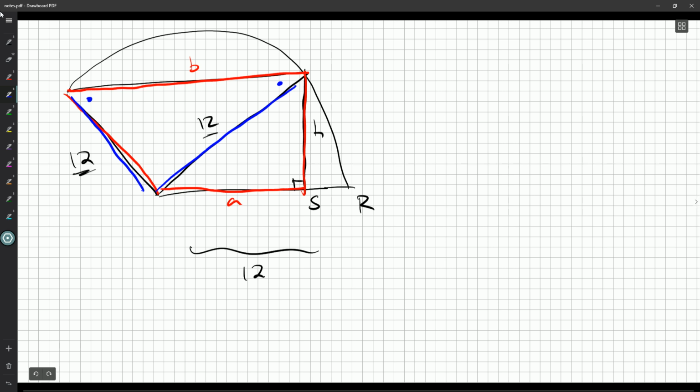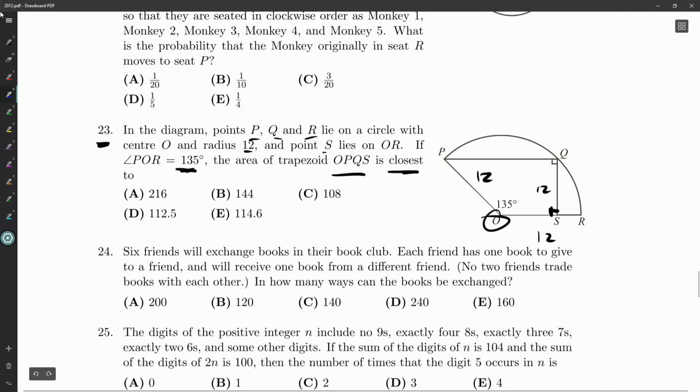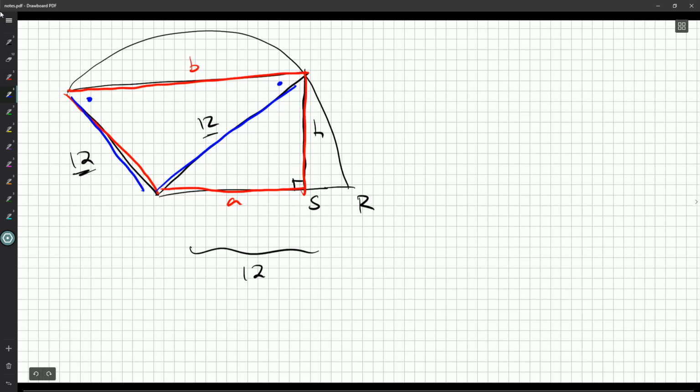Now, what else do we know? Well, we got another right angle up here. So this dot, this blue dot, which I'm now making a black dot, you got a 90 minus this dot here, but inside the triangle OQS, it's a right angle triangle, so we've got a dot down here as well. Interesting.